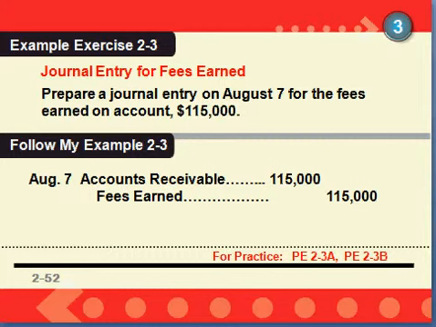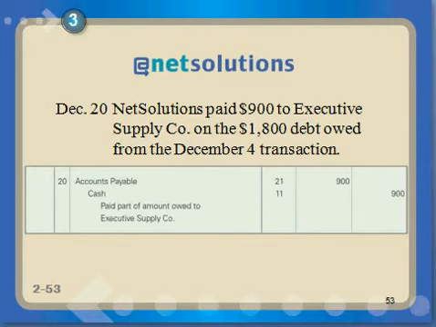So we debit the accounts receivable for $115,000 and credit fees earned $115,000. Remember, doing accrual accounting, we account for our revenue and expenses as it occurs, not necessarily when the cash is received.